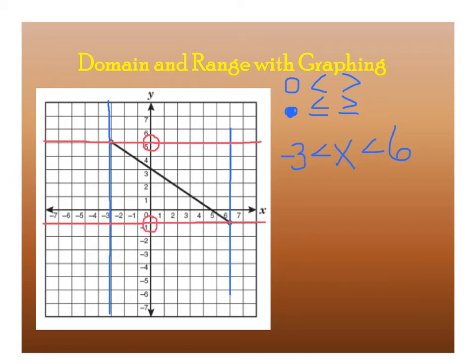So if we're going to write our range, we're going to say -1, and again, since these are open circles, it's going to be is less than y, and then is less than 5. That means all of our y coordinates are going to be between -1 and 5 for the coordinates of each point on this graph.